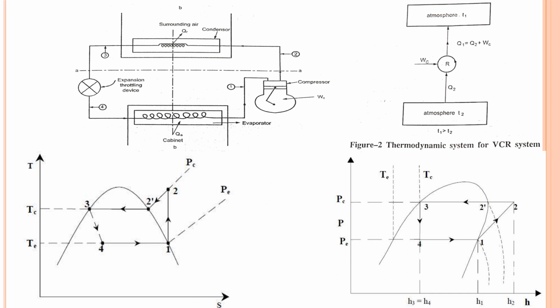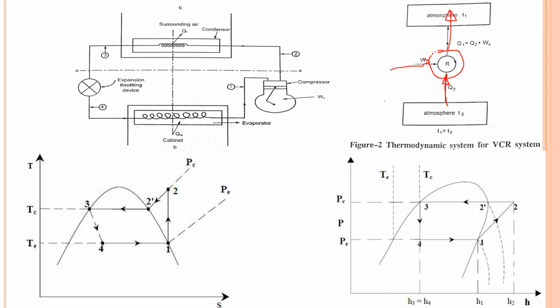Now we try to plot the processes on the TS diagram, that is the temperature entropy diagram, and then the pressure enthalpy diagram. You can see our refrigerator, according to thermodynamics, operates in the counterclockwise direction. Heat is extracted from the refrigerator and thrown into the surrounding.